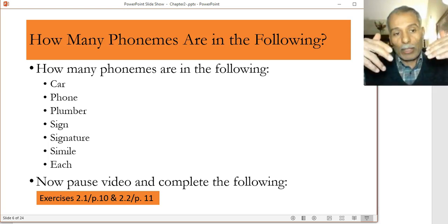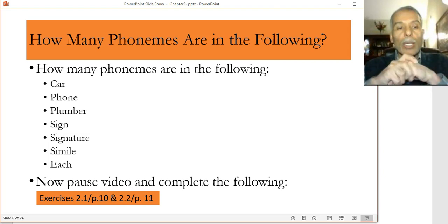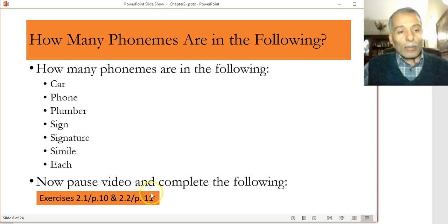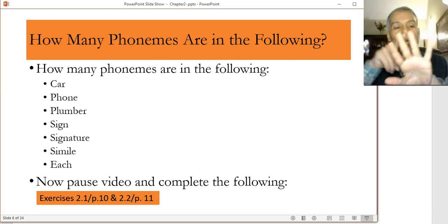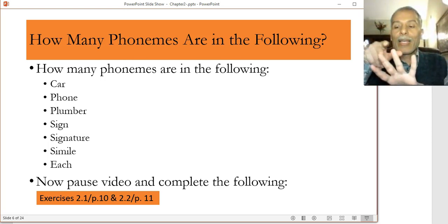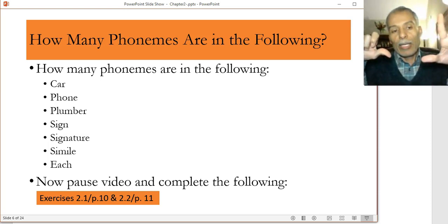You are going to have exercises in the quizzes and exams to count how many phonemes are in each word. Simile. S, i, m, i, l, e. Again, s, i, m, i, l, e. So simile, 6.